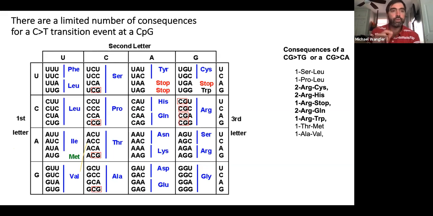All of your first and second letter CpG positions are arginine residues. You can draw out the consequences of each of these, and they're almost all going to cause missense changes at an arginine residue. You can, of course, find other codons that have CpGs contained within them. But what's interesting is that a lot of these, because of their position, may lead to synonymous variation.